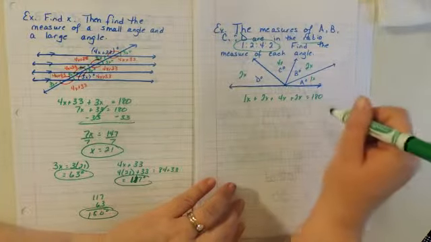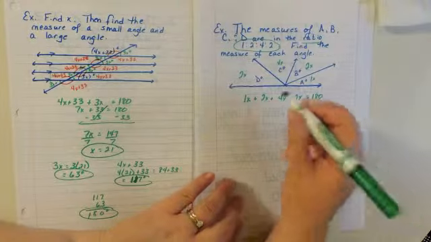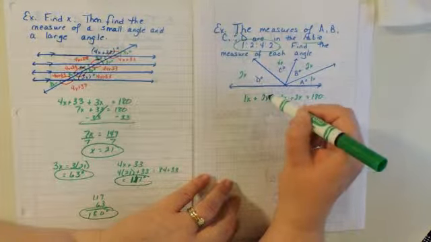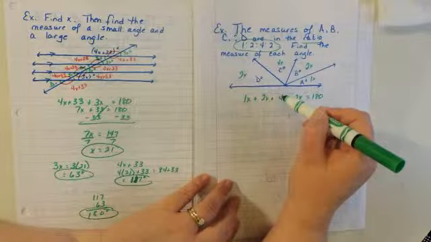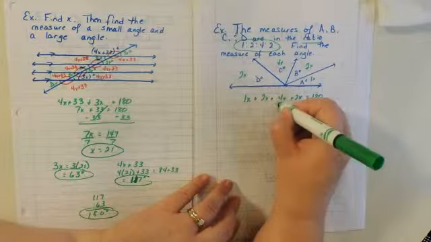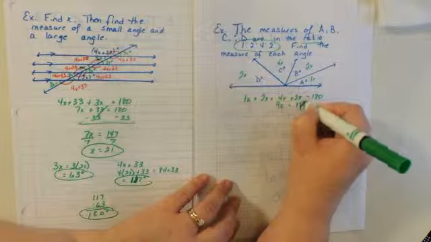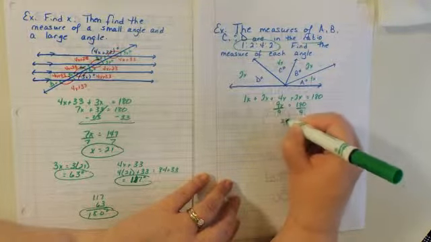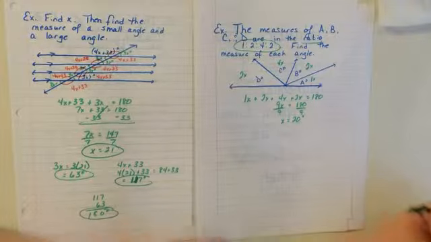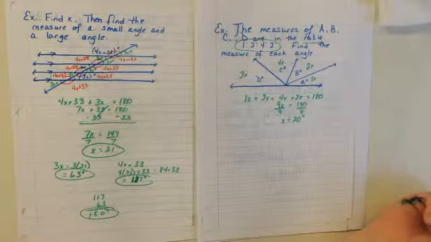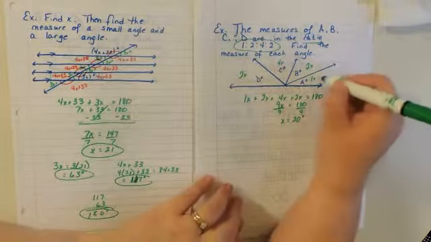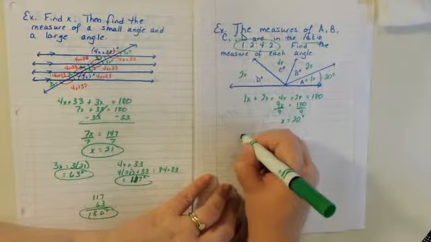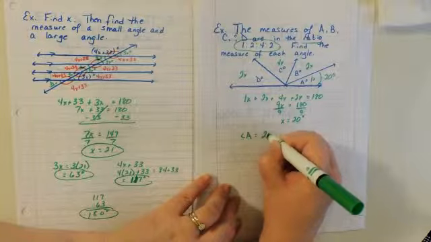Okay, now we're going to simplify this and solve for x. So we have 1x plus 2x is 3x plus 4x is 7x plus 2x is 9x. So 9x equals 180. Divide both sides by 9, and x equals 20 degrees. Okay? If x equals 20 degrees and this is 1x, then angle A is 20 degrees.